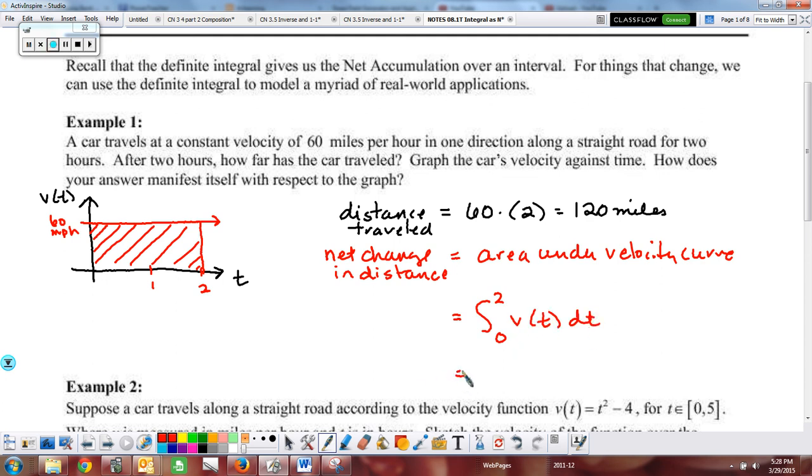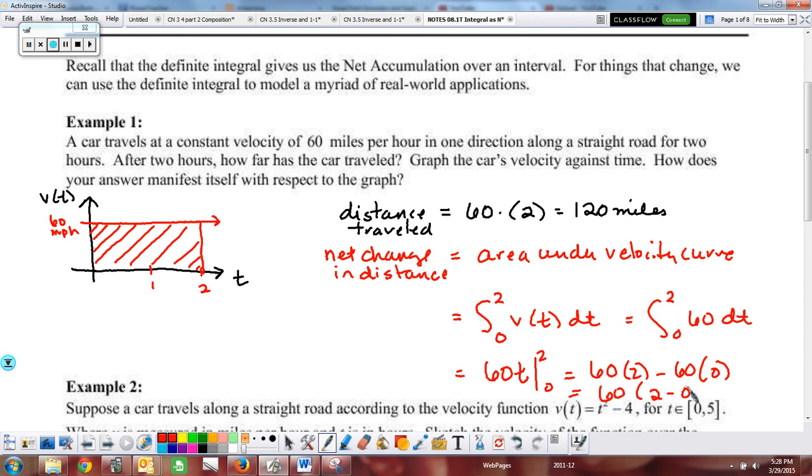And then we learned the fundamental theorem of calculus, which said that, since we're doing 0 to 2 of a constant, 60 dt, we would find the antiderivative, which would be 60t, and evaluate it from 0 to 2, which would give us 60 times 2 minus 60 times 0. Essentially this is 60 times b minus a, another property that we've seen earlier.